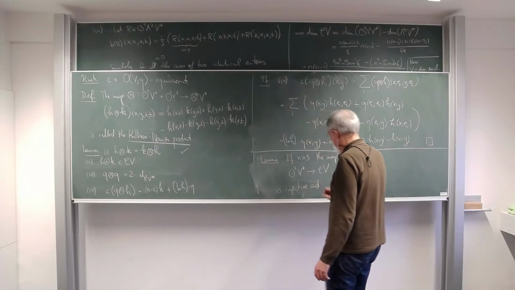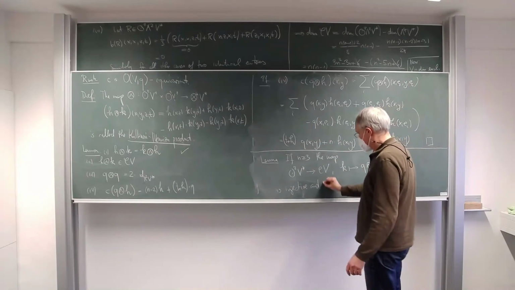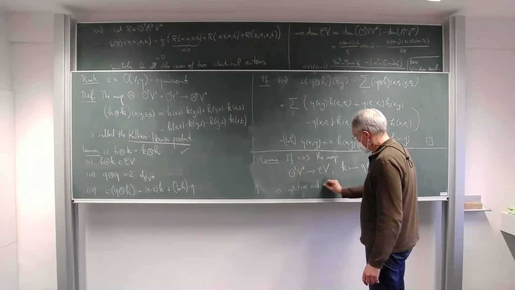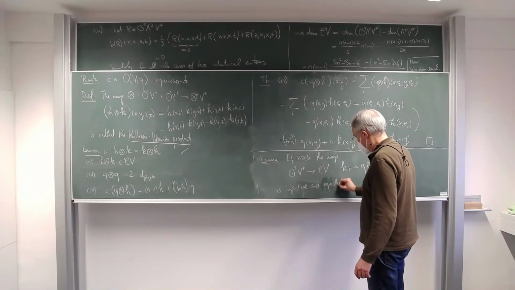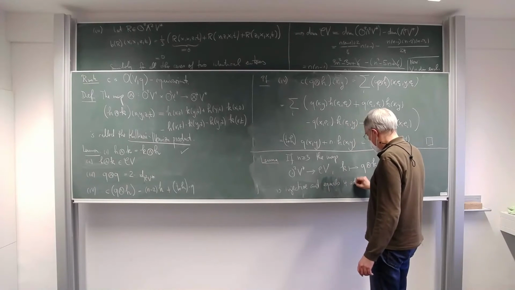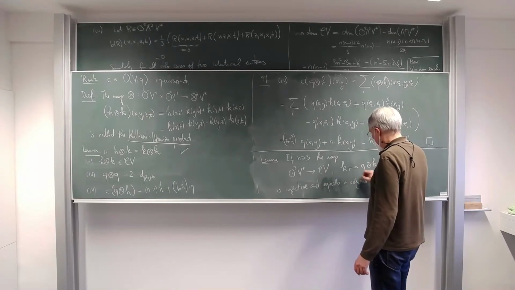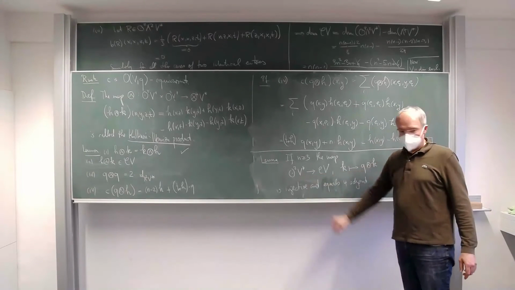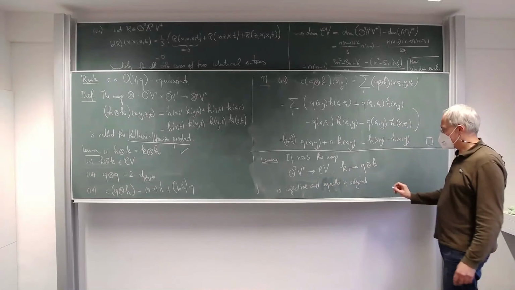And it's the adjoint, or actually 4 times the adjoint of a map in the opposite direction, namely the Ricci contraction.